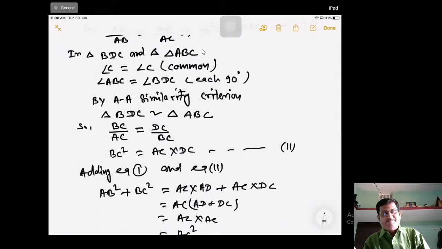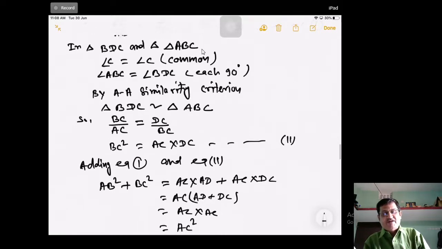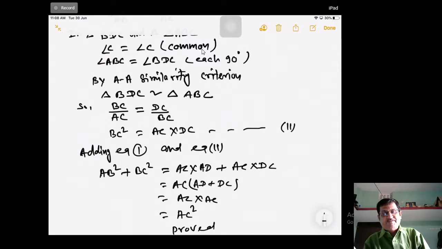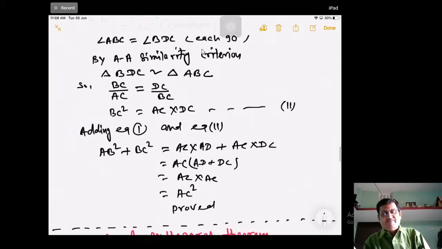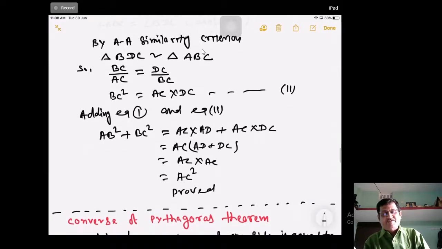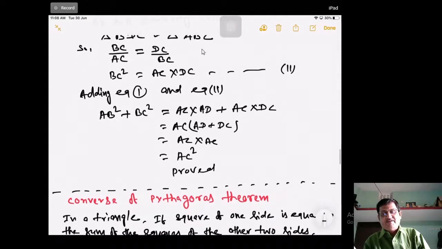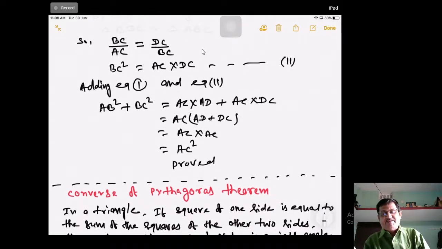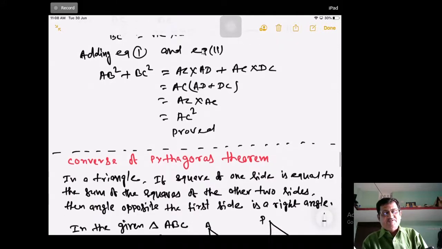Similarly, you can write BC by AC is equal to DC by BC, and BC square is equal to AC into DC. Adding equation first and second, you will get AB square plus BC square is equal to AC into AD plus AC into DC. Taking AC common, AD plus DC is equal to AC. So AC into AC is equal to AC square.